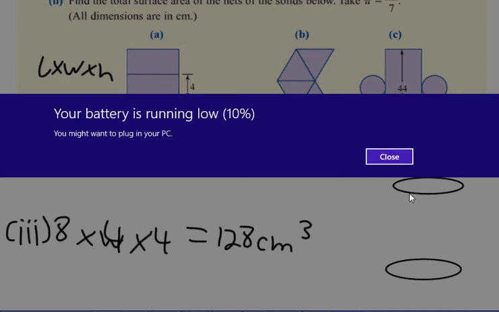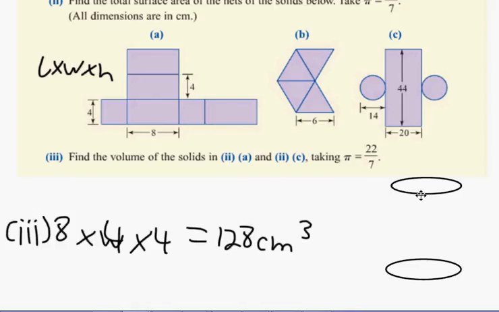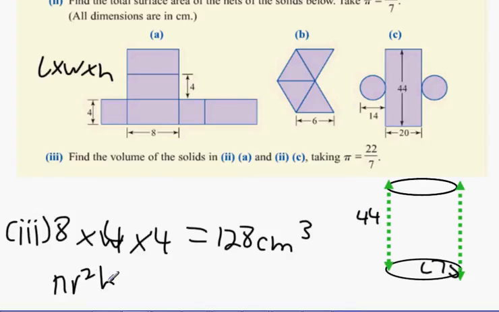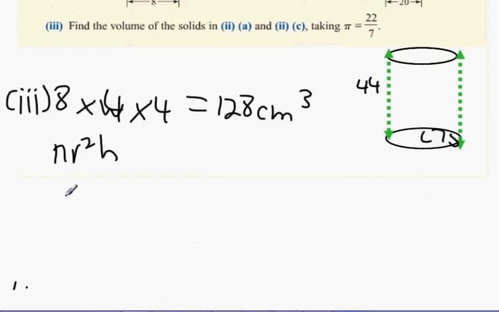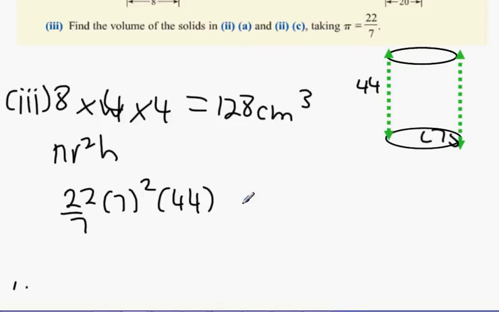We have the cylinder here, its radius is 7 and its height is 44. So it has a radius of 7, a height of 44, and we're just going to do pi r squared h. That's going to give me 22 over 7 multiplied by 7 squared, multiplied by 44. Will somebody tell me what that is?